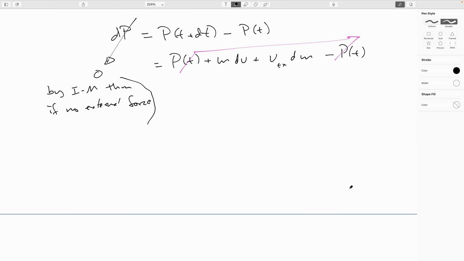So rearranging this around, this gives me mdv equals minus v exhaust dm. Remember, dm is a negative number, dv is a positive number. Negative times negative is positive, so we're good here.